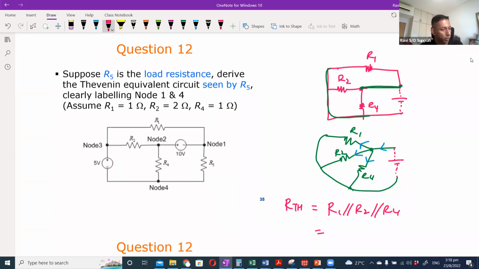Effectively, that is 1 parallel with 2 parallel with 1, which will give me 0.4. So that is how you view the circuit to solve this Thevenin's resistance.